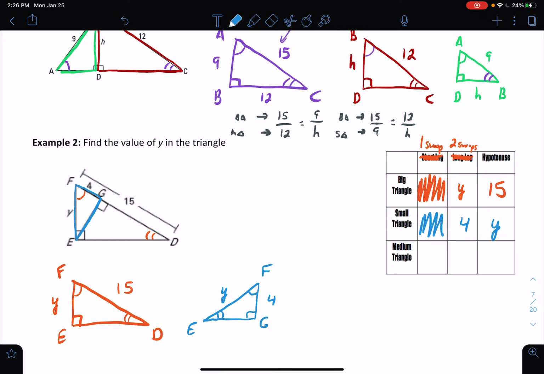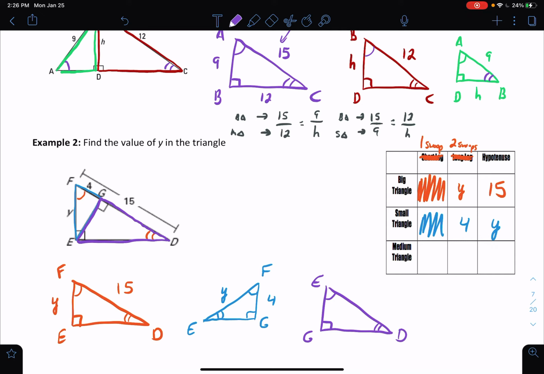All right, so we have enough right now to set up a proportion, but I'm going to show you how to set up this medium triangle as well. Okay, so if I draw my medium triangle, the 90-degree angle is G, 2 swoops is D, which means that 1 swoop is going to be E. All right, what do we know?